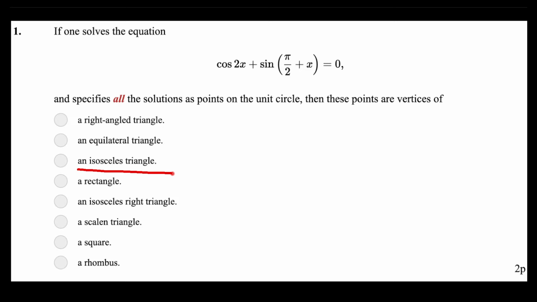That is not wrong. But if you have an isosceles triangle and an equilateral triangle, and you are allowed to choose only one option, then you have to choose an equilateral triangle. Yes? So the answer to this question would be this one, not that one. Is that clear? Yes?